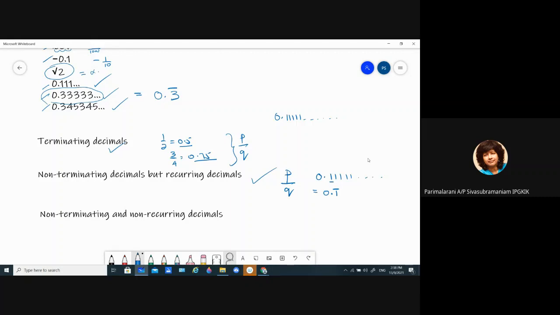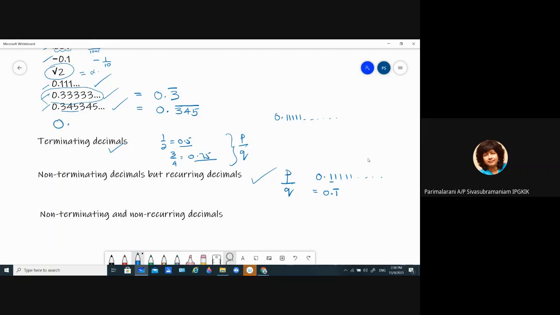For 0.345345, these 3 digits repeat, so we can write this as 0.345 with a dash over all 3 digits, which means these 3 digits keep repeating.